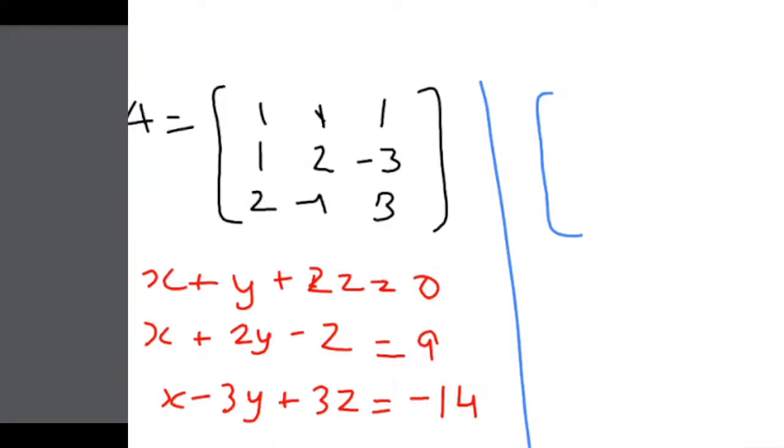Okay, so it's actually 2 into 3, it's 6, and then minus 1 into minus 3 is plus 3, then again minus 3. Then for this element I have to put minus sign, and then 3 into 1, 3, 2 into minus 3, minus 6, so it will become plus 6.